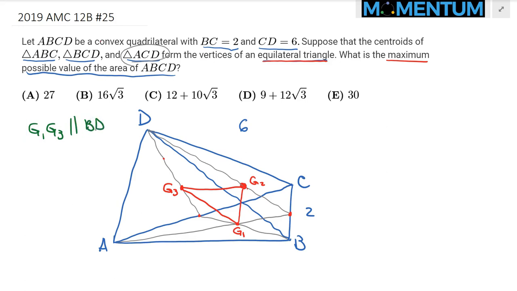And the reason being, if you call this midpoint here M, triangle MG1G3 is simply similar to triangle MBD, because of side ratios. MG1 to MB is 1/3, and MG3 to MD is 1/3. So as a result, you get the desired relationship.